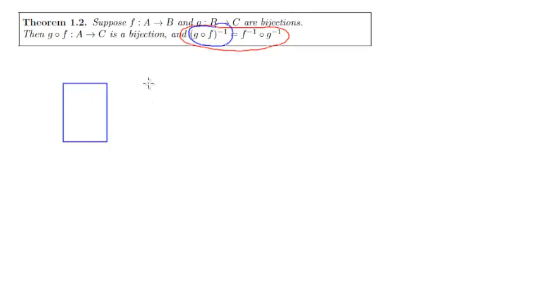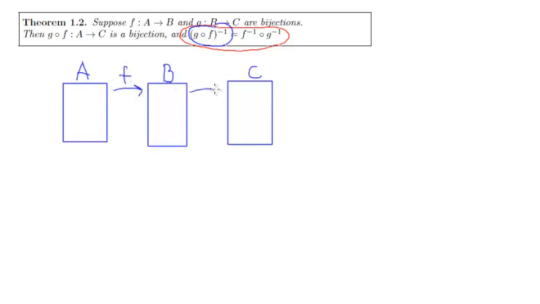Here is A, and B, and C. G composed with F: F goes from A to B, so this is F, and this is G. So here is G composed with F, and the inverse would go the other way. So the inverse would be this map right here.